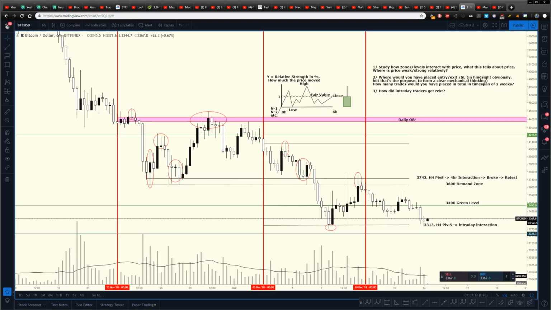So where do we start? We actually start at the beginning on the left side, and we see all these different zones that I marked, and these are all zones that interacted and they tell a story basically. So we start on the left here, and the first thing we notice is that we see price expanding and we see volume expanding.